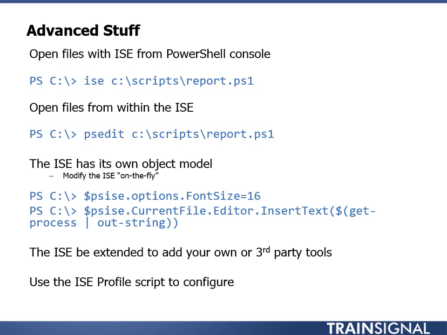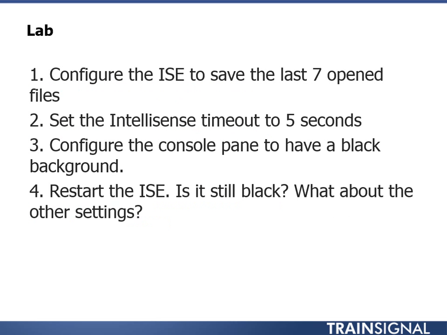If you want to modify the ISE on your own on the fly, you'll want to use the PowerShell ISE profile script in order to make those configuration changes, like that font size command, for example. You just put that in your PowerShell ISE profile script, and then that would always run whenever you started the ISE. That concludes the lesson here.